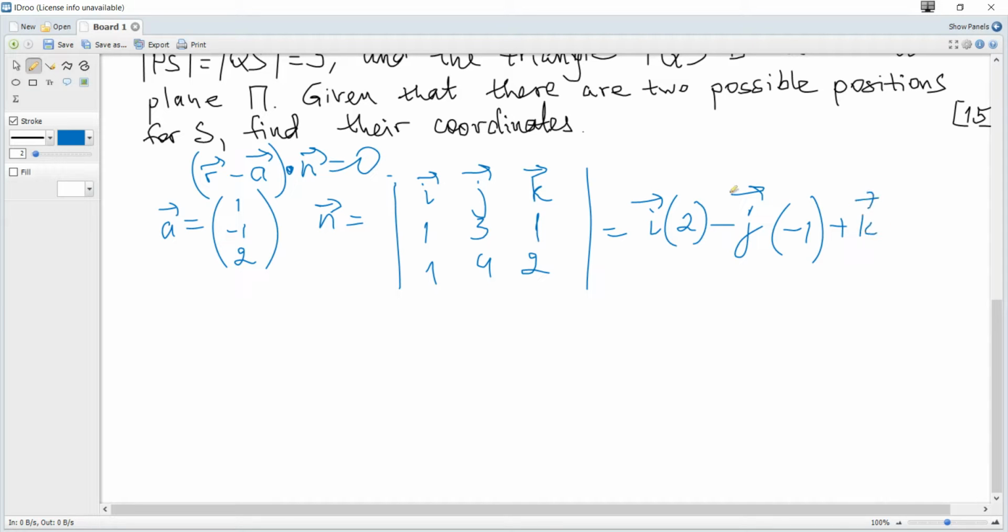Plus k, the determinant of this 2 by 2 matrix, it's 4 minus 3, it's 1. For the normal, only direction is important, so we can take any multiple of this vector. And as the normal, we can consider, for example, (2, -1, 1).